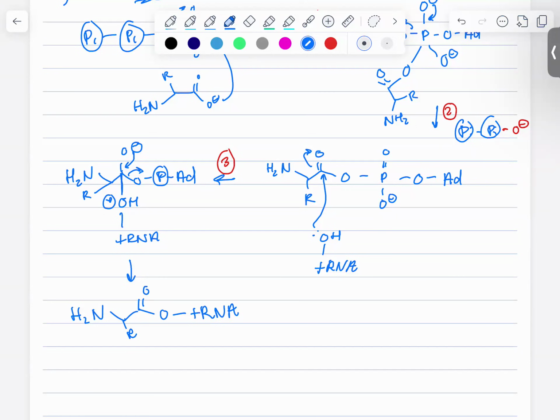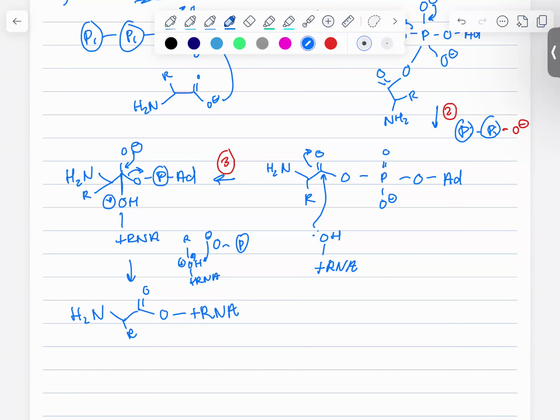So we could draw it out in the middle, where we have the phosphate that has the negative charge and takes the proton. Don't worry about it.